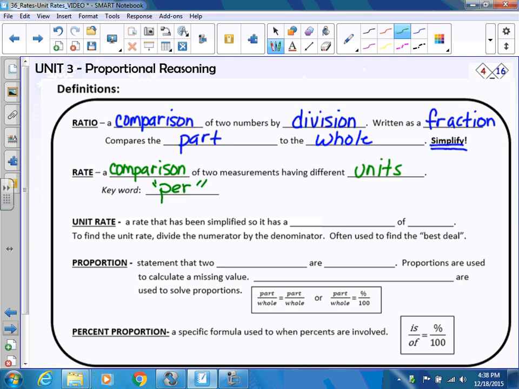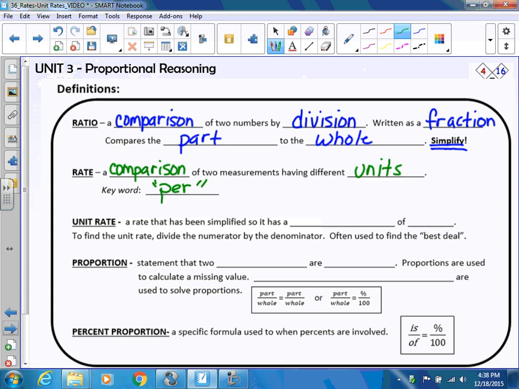So I said, how many miles are you going per hour? How many sodas per dollar? Or how many dollars per soda? How many math problems can you do per hour or per minute?